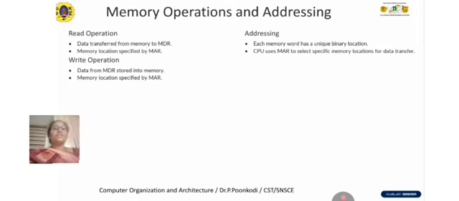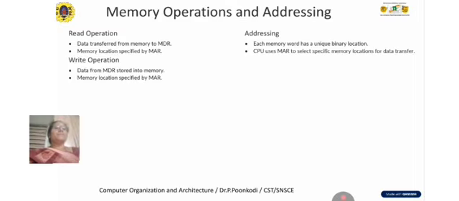Next, memory operations and addressing. In the read operation, the data is transferred from memory to the MDR, that is the memory data register. The memory location is specified in the MAR. This is done during the read operation. In the write operation, it will read data from the MDR, then store it in the memory. The memory location is specified by the MAR.